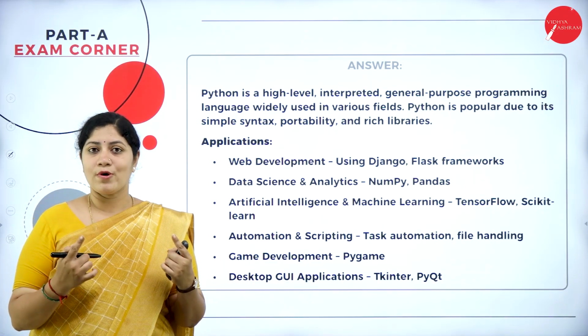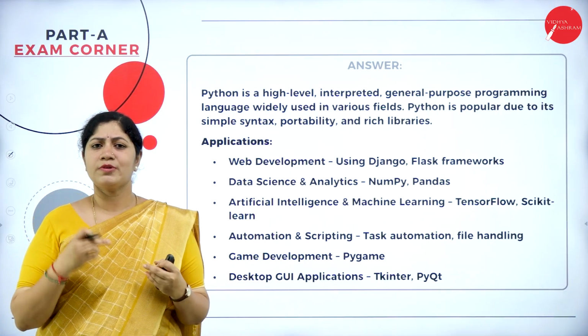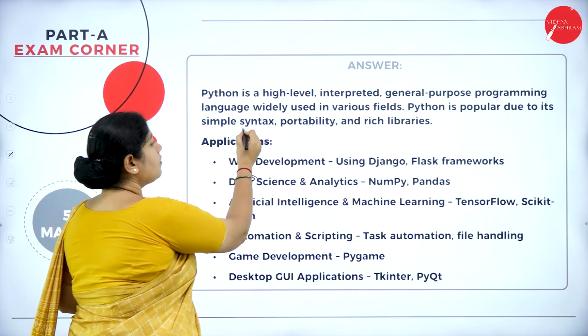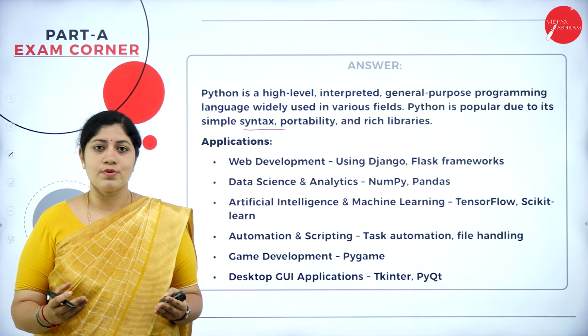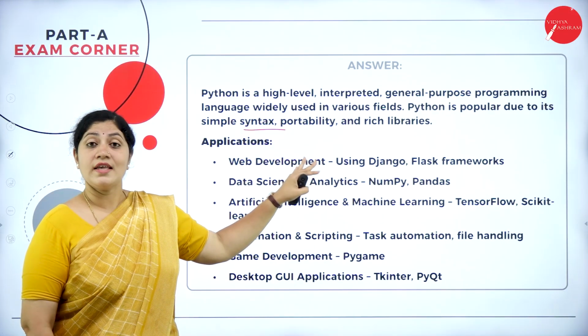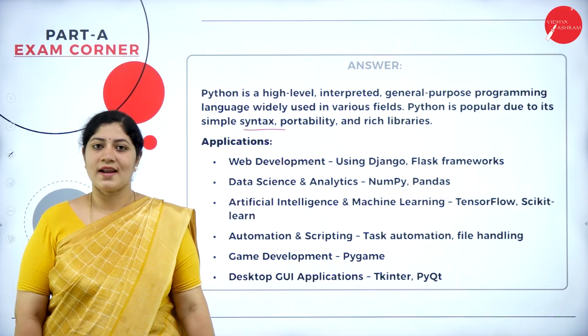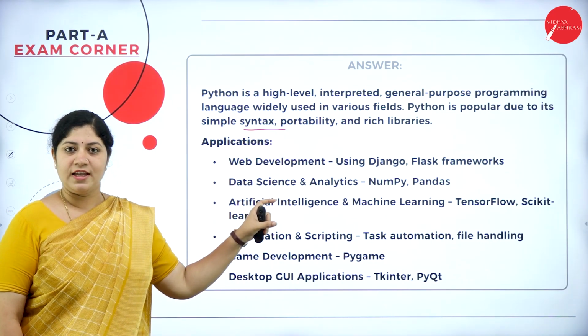The main point to note here is Python is popular. Why? Yes, it's popular because of its syntax, then followed by its portability as well as rich library support. So these are the things that make Python stand as a general purpose programming language. So now let's get back to our content, that is applications.